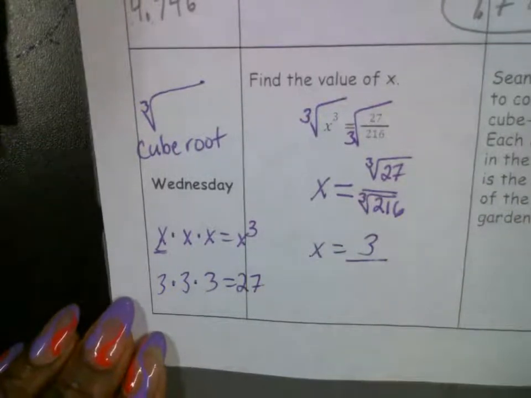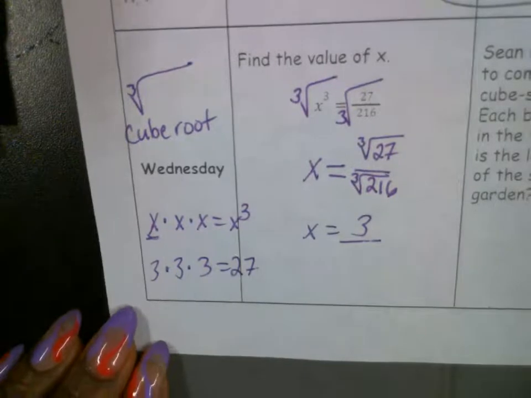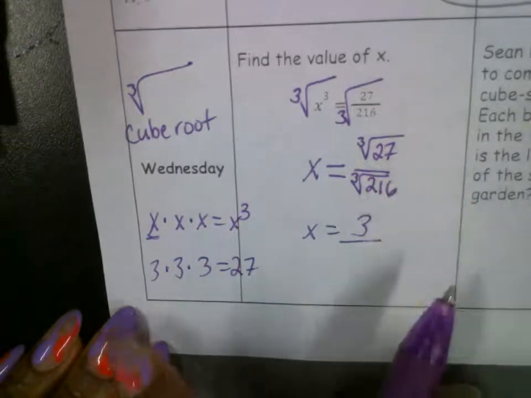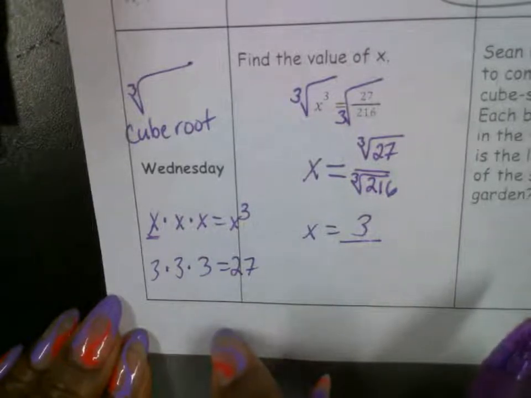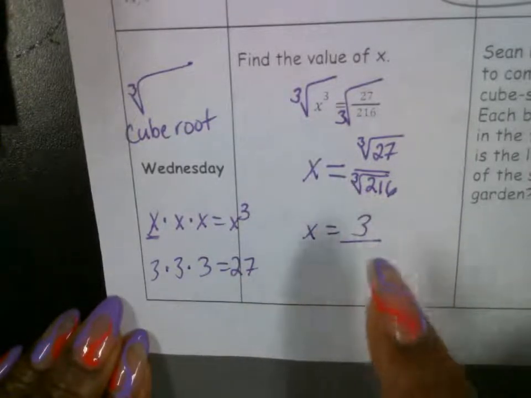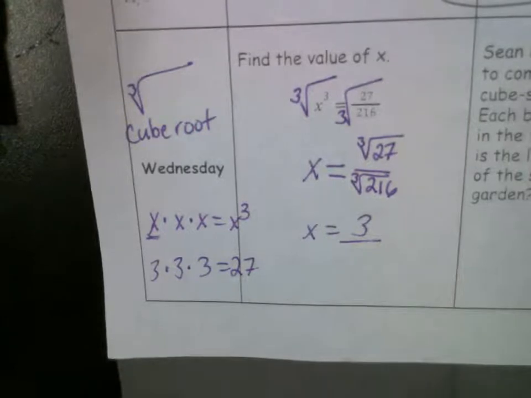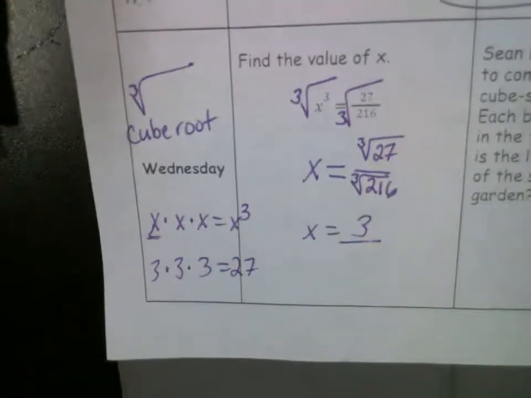Okay, let's look at the cube root of 216. What one number can be multiplied times itself 2 other times, a total of 3, to give you 216? Come on, think, please. Somebody said 7.